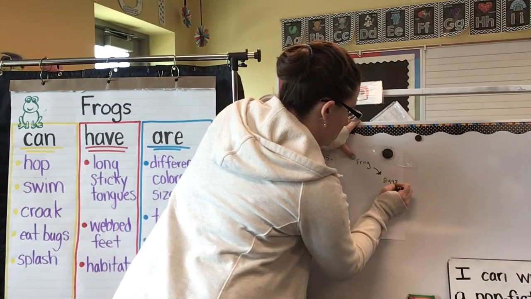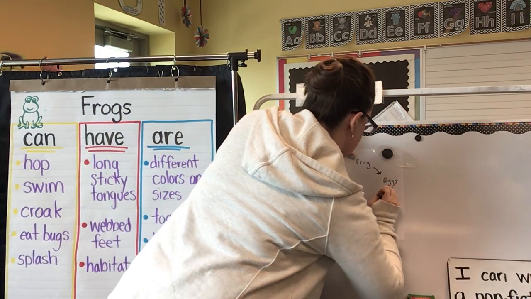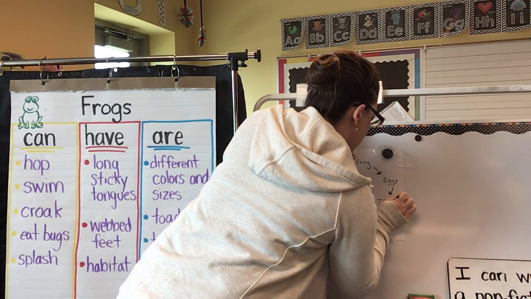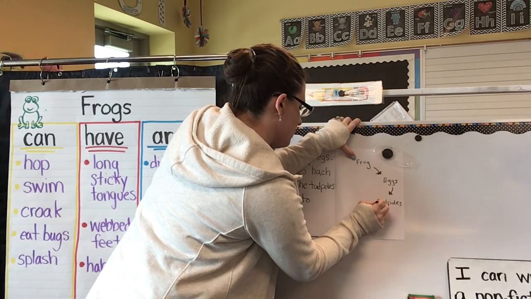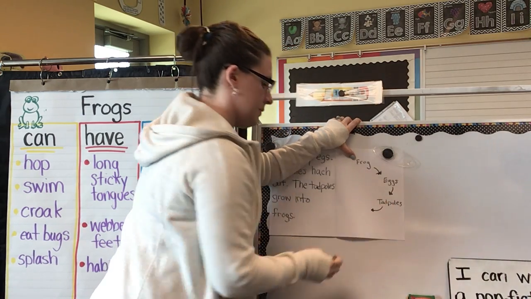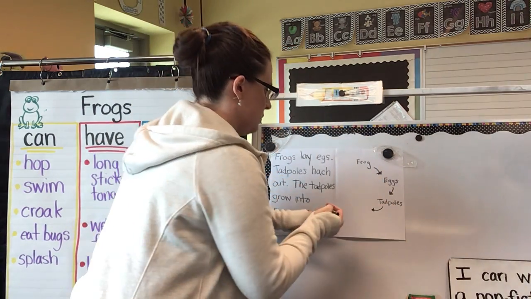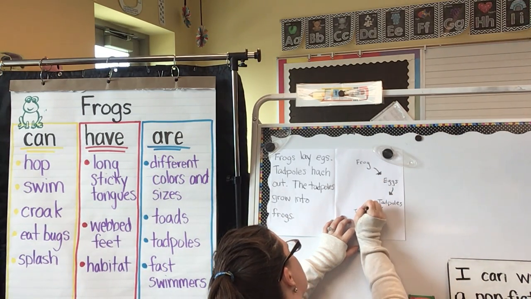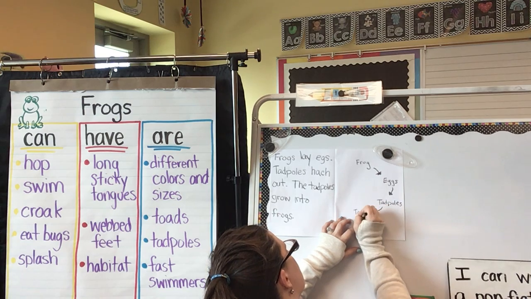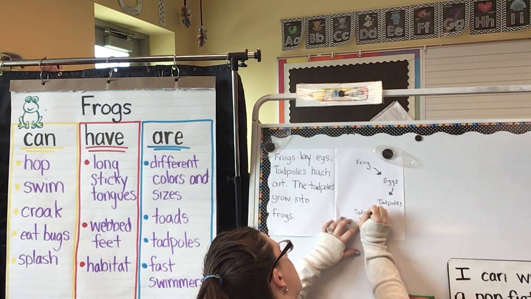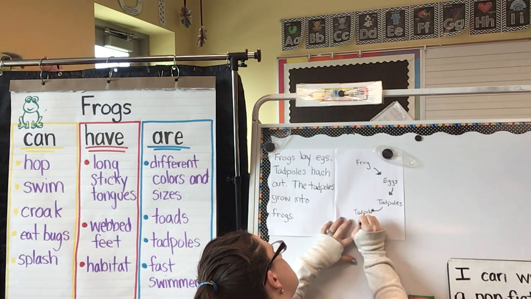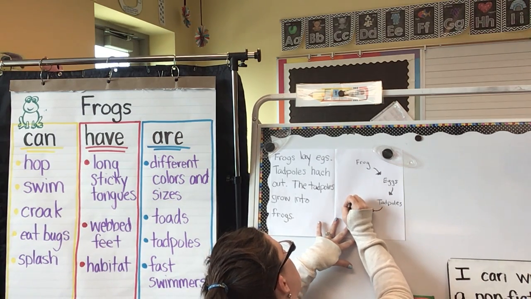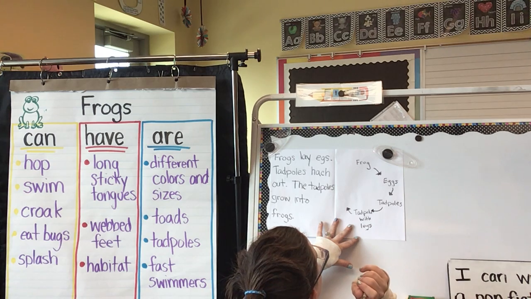And then the eggs, what was next? The tadpoles. What comes after tadpoles? Tadpole with legs, right? With legs. My crayon is starting to get dull, which is making it hard to write.